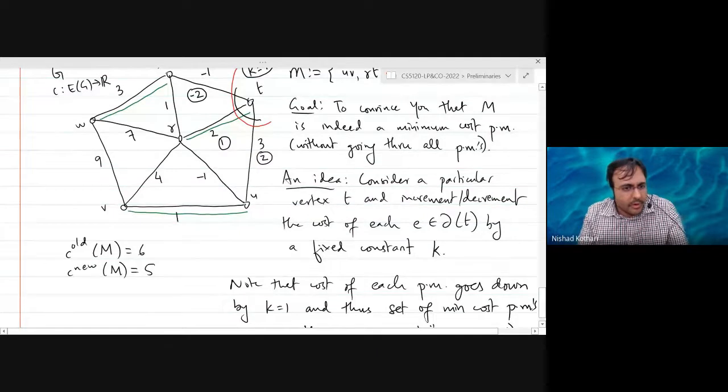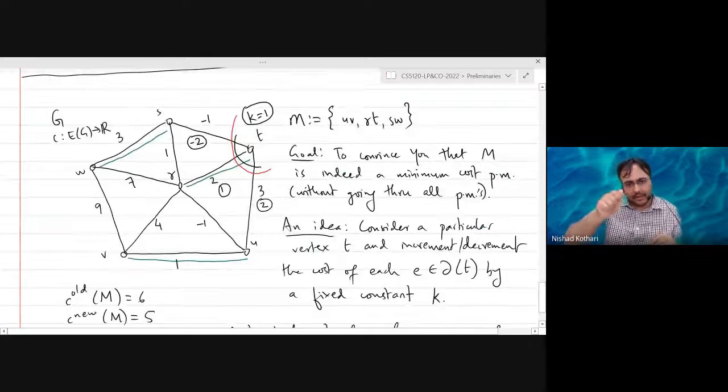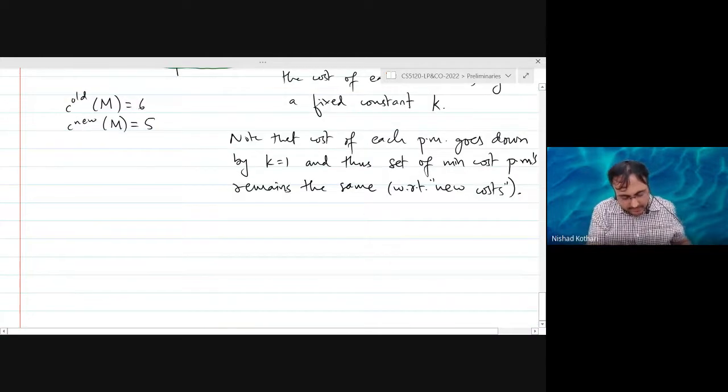So what I want you all to try is, notice that if you can make a change at one vertex, well, then you can make a change at every vertex, right? You just repeatedly apply the same argument. Okay, so what I want you to try is the following.